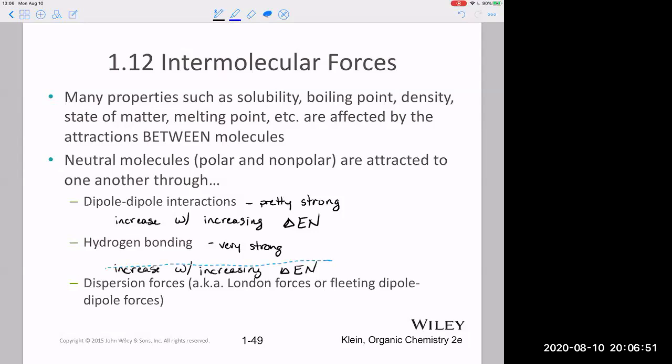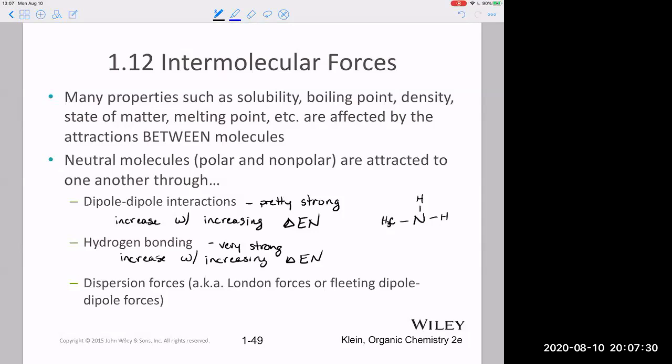Another thing to think about with these is when you have, for example, a nitrogen that has 3 potential hydrogens to be hydrogen bonding, that's better than if you replaced one of those with this non-polar CH3 group.